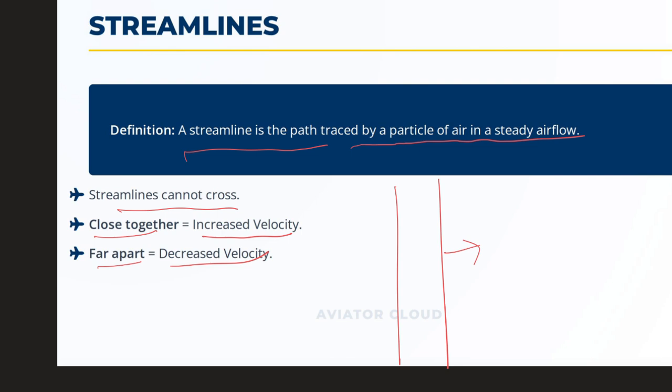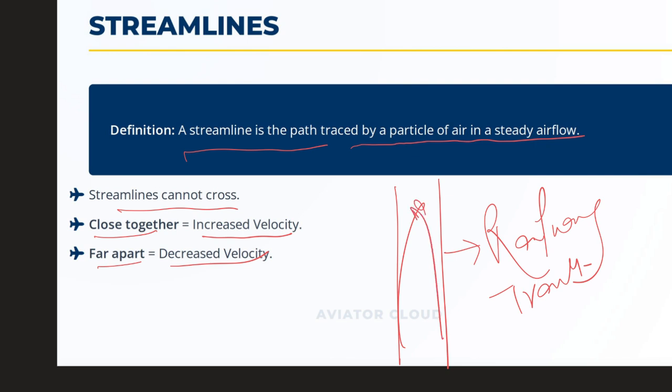Let's say a railway track. Railway tracks never converge or diverge. They are parallel to each other. But streamline flow can converge or diverge, but the streamlines will not cross each other. If they cross each other, they will become turbulent. Understood?